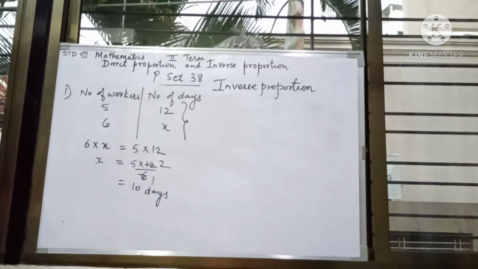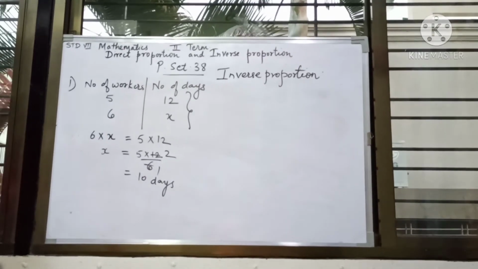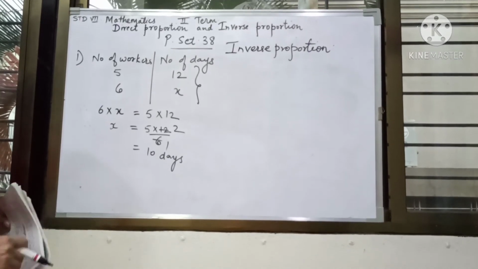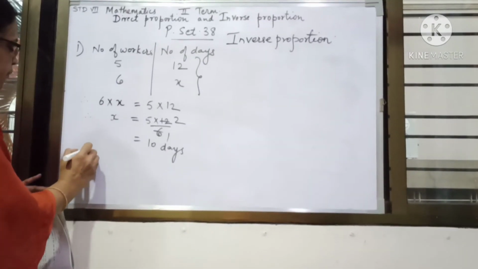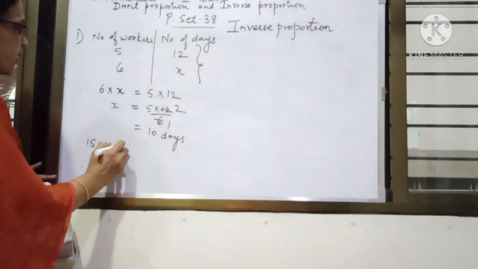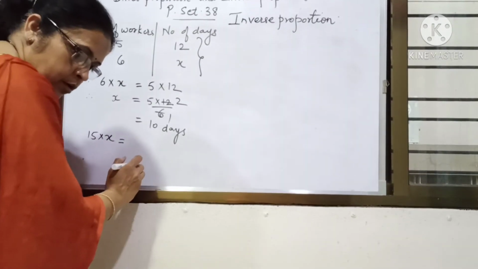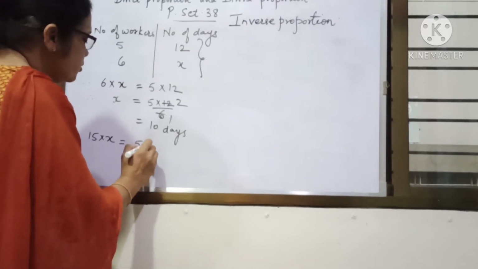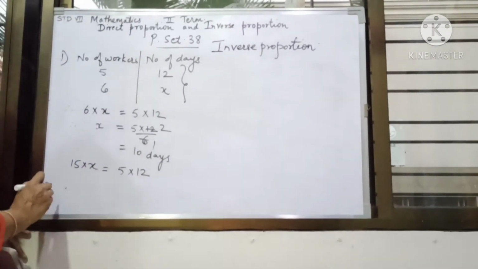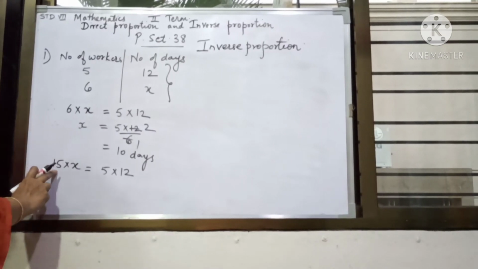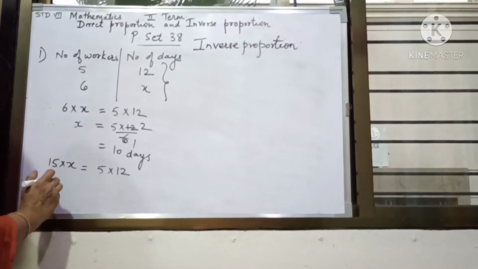Now if the number of workers is 15, how many days will they require? Similarly, we have 15 into x is equal to 5 into 12. Now here the number of workers is 15, so the number of days will reduce.